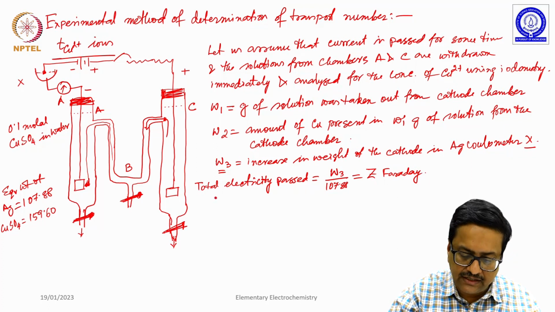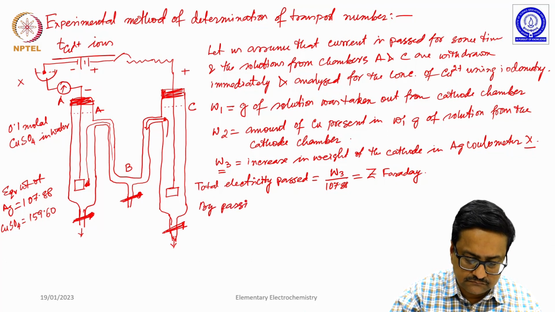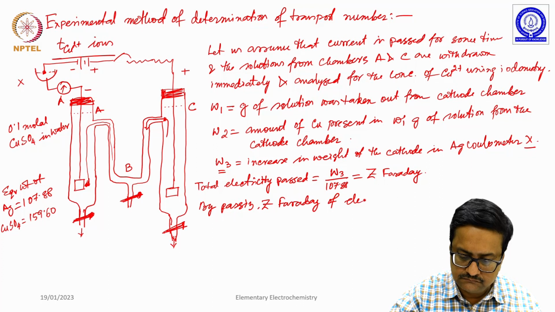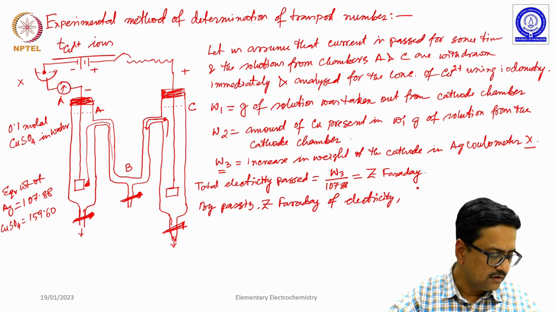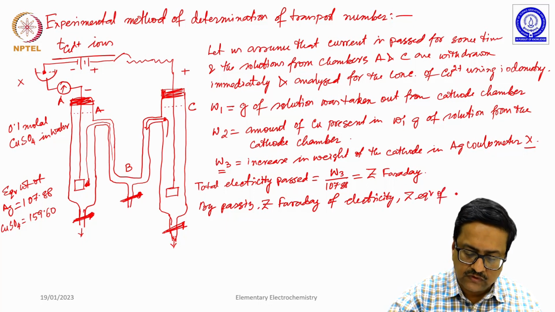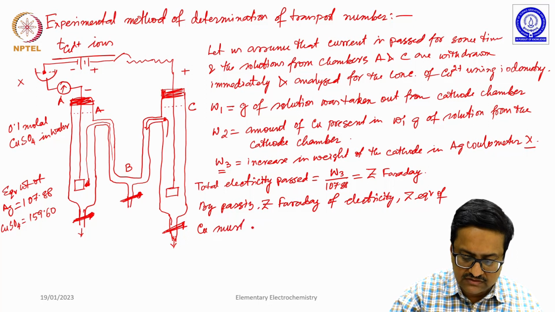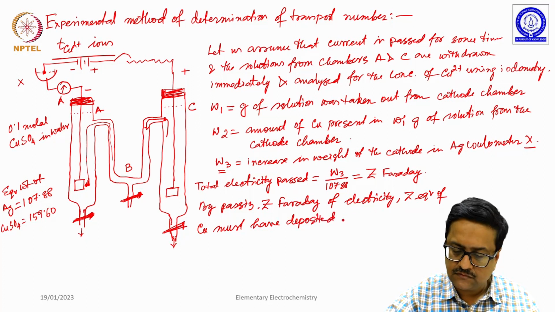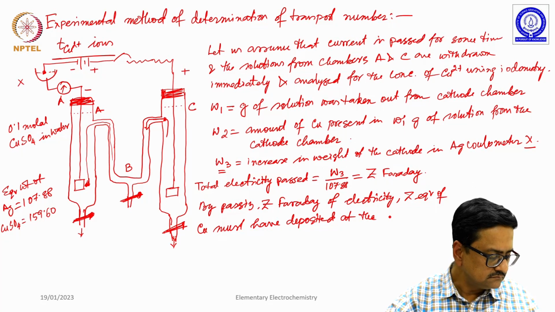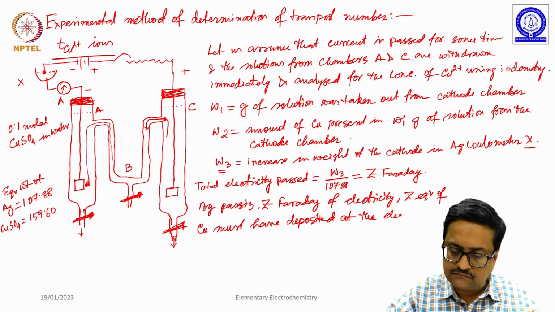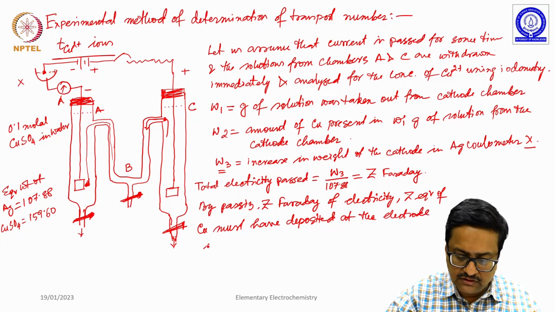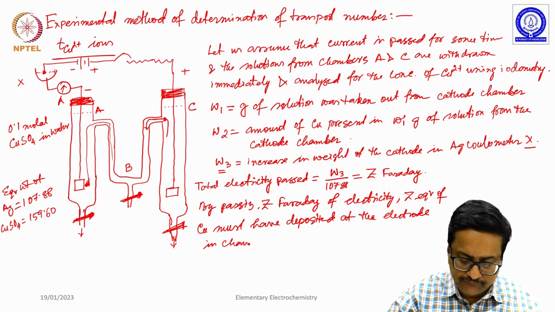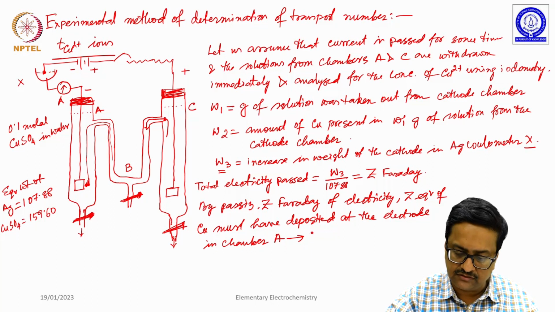So, by passing Z Faraday of electricity, Z equivalents of copper must have deposited at the electrode in chamber A. This is Faraday's law, right?